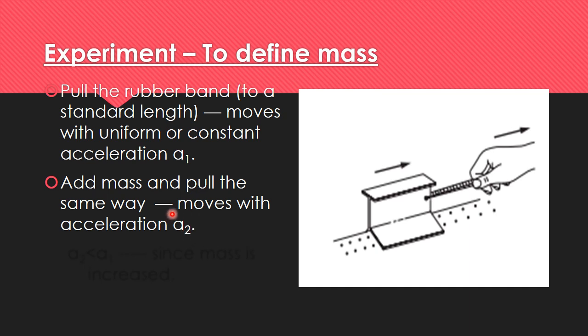What can we say about these two accelerations A1 and A2? Which will be greater? A2 will be less than A1. Why is this so? Because we have increased the mass. So when mass is increased, acceleration is decreased.